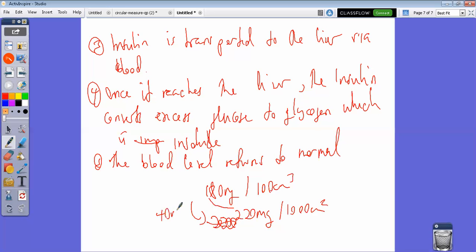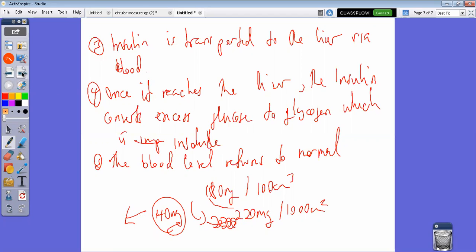So when I'm saying insulin converts the glucose, it has to convert the excess glucose. It converts the 40 milligrams to glycogen. The glycogen is insoluble in blood, so it's fine. It's stored in the liver. Once it converts this, your glucose level goes back to normal. Is that making sense?